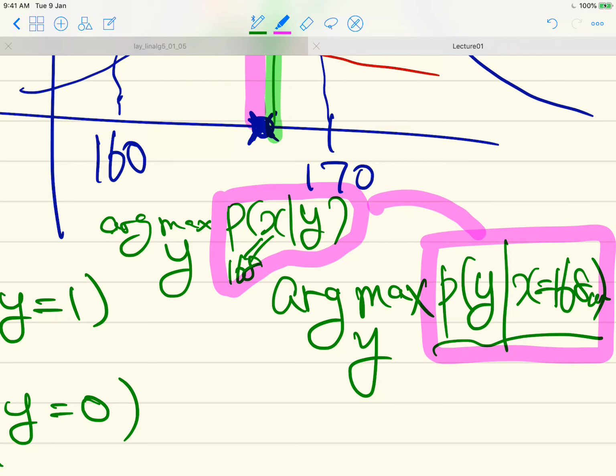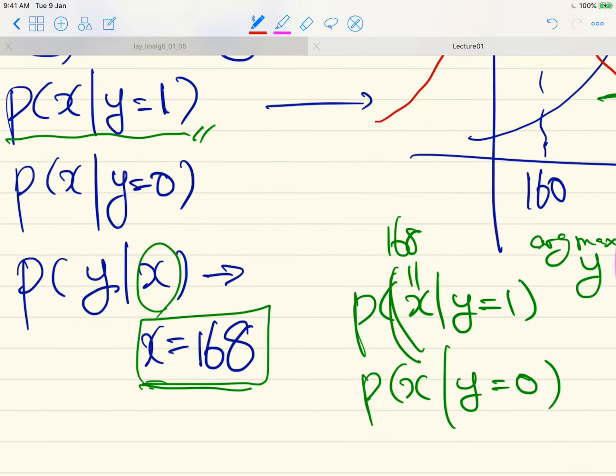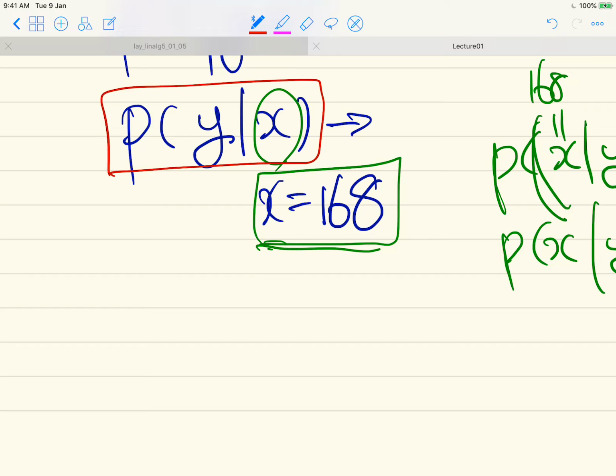And then how can we relate them? This is where our Bayes rule comes into play, right? We actually want to utilize this probability distribution, which is the posterior distribution, when x is fixed as a particular value, and then what is the distribution of our y? It is clearly a Bernoulli distribution, because the possible y values are either 0 or 1, and between these two possible outcomes it will have a particular probability, right?